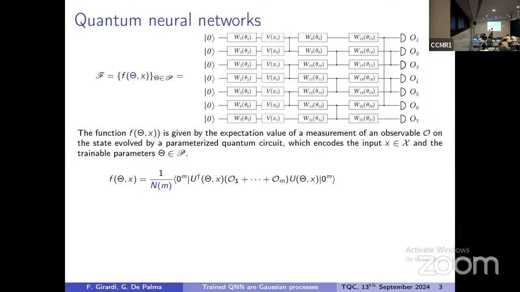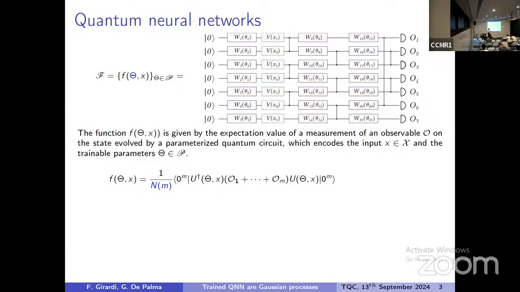At the end of the circuit, we have an observable, which is a sum of single qubit terms. The total number of qubits will be called M, this notation, M. And the output, the function generated by the quantum neural network, will be the expectation value at the end of this circuit of the observables computed on the final state, up to a normalization that I will introduce soon.